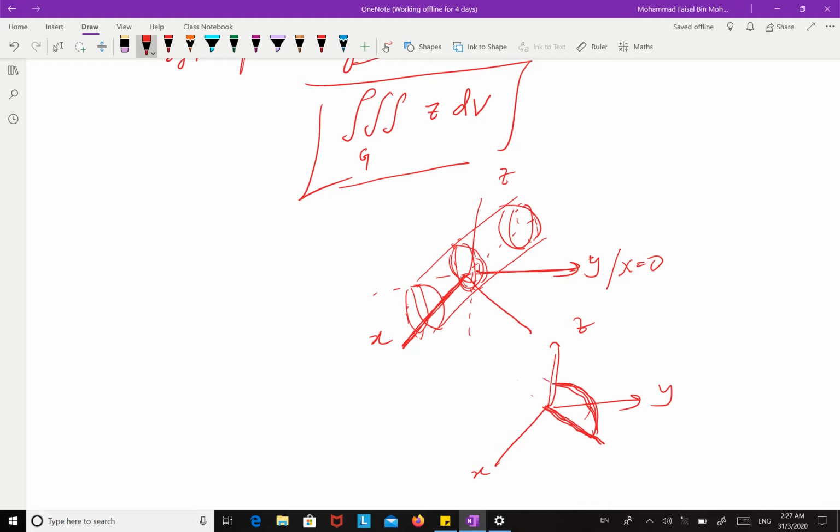Suppose it's a cylinder, so maybe the half curve is here, but we don't consider it. It should be like this.